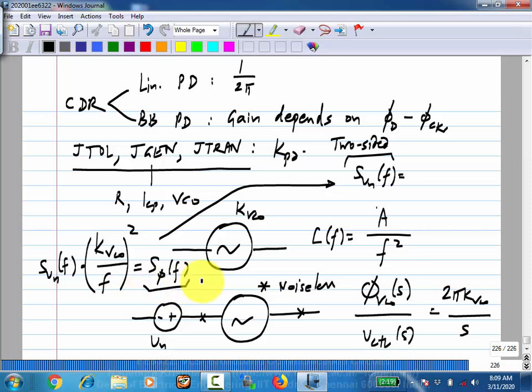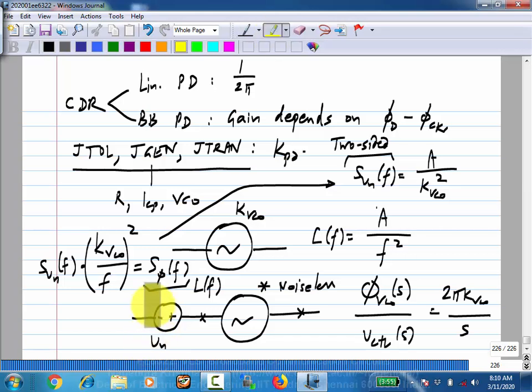Then this is the same as the phase noise spectral density, meaning it will have both positive and negative parts, whereas the phase noise will have only the positive frequency part of it. So it will be f squared by kVCO squared times A by f squared. So it will just be A by kVCO squared. It will be some constant. It's very clear, right?